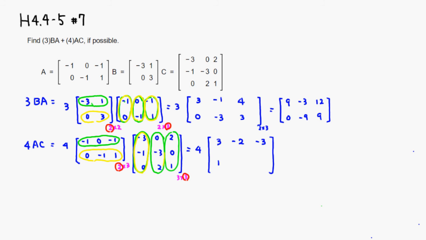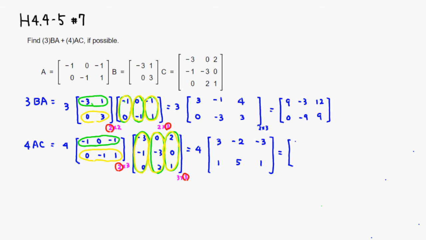The second row times the second column: 0 times 0 is 0, plus negative 1 times negative 3 is positive 3, plus 1 times 2 is 2, so 0 plus 3 plus 2 is 5. Then second row times third column: 0 times 2 is 0, negative 1 times 0 is 0, plus 1 times 1 is 1, so it is 1. Then you just need to multiply everything by 4.